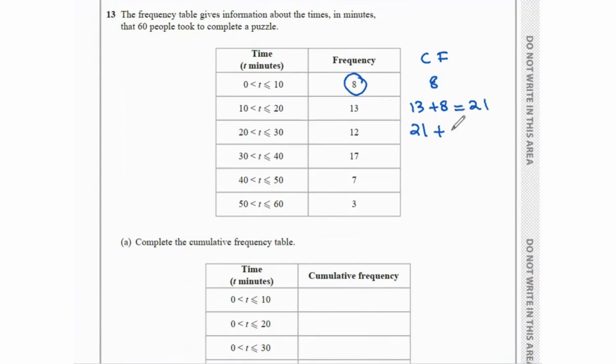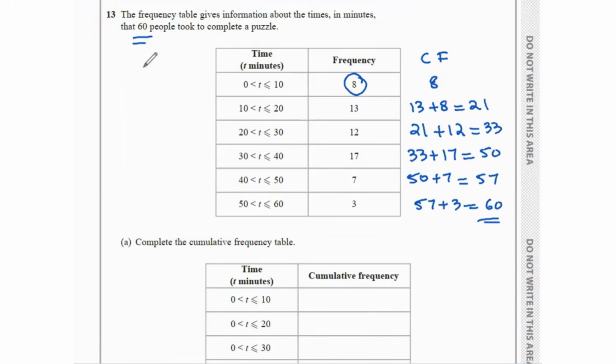Then 21 plus 12, which is going to be 33. Then 33 plus 17, which is going to be 50. Then 50 plus 7, which is 57. And then 57 plus 3, which is equal to 60. To check if your cumulative frequency values are wrong or correct, make sure that the last value is the same as the frequency value given in the question.